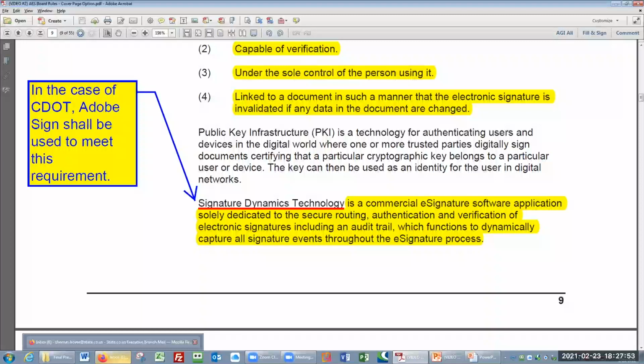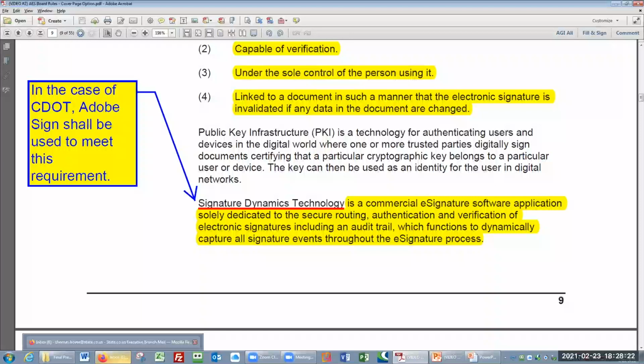It's a commercial e-signature software application solely dedicated to the secure routing, authentication, and verification of electronic signatures, including an audit trail, which functions to dynamically capture all signature events throughout the e-signature process. What that really comes down to is the entire document throughout the sealing process, whether 1 or 2 people seal it or sign it, if it's something other than a plan set.